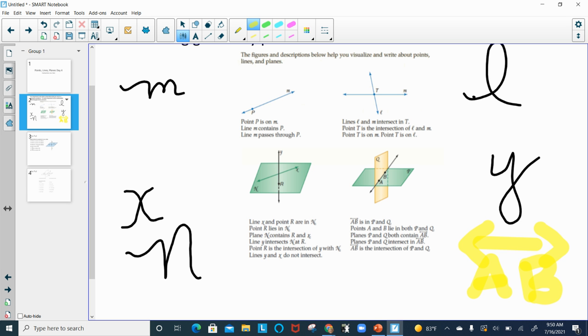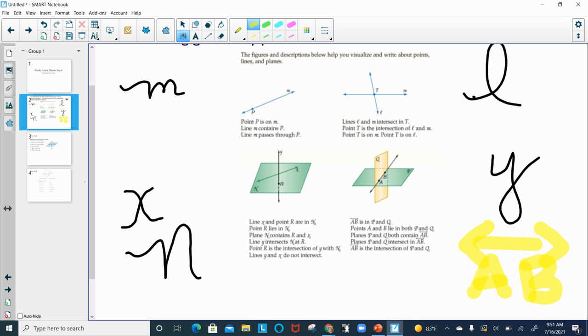So you can see down here, and we're going to read that in just a second. So line AB is in plane P. Well, yes, it is. And it's in plane Q. Yes, it is. Points A and B lie in both planes, P and Q, which is true. Planes P and Q both contain that line AB, but only part of that line.